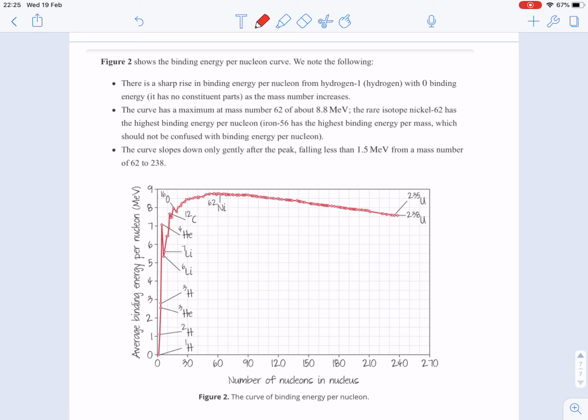Last little bit is something that you are going to find inside of Cognity. This curve shows that the binding energy has a pretty sharp increase from hydrogen to helium, and then it quickly starts to peak at carbon.